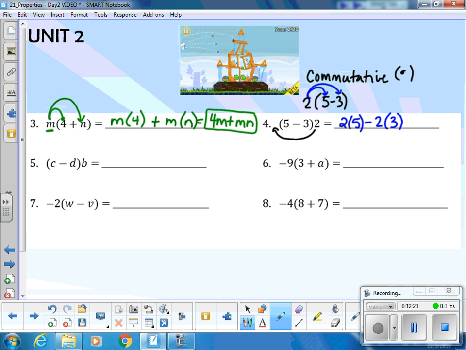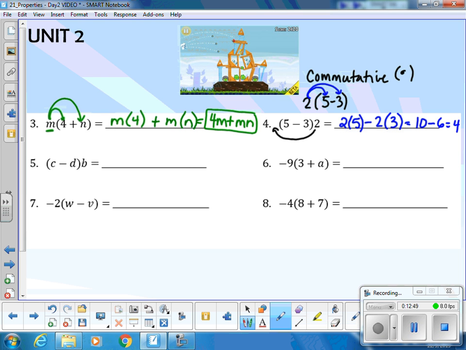So I'm going to leave that negative in the middle. So then I can simplify more. 2 times 5 is 10, and negative 2 times 3 is a negative 6. What is 10 minus 6 is 4. So you can simplify that far.